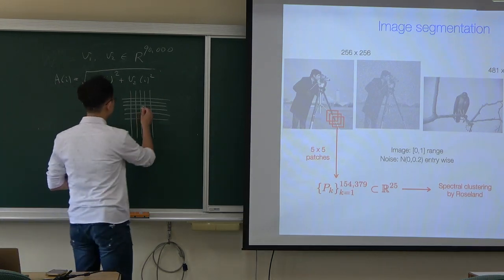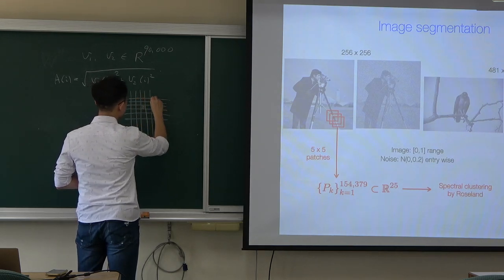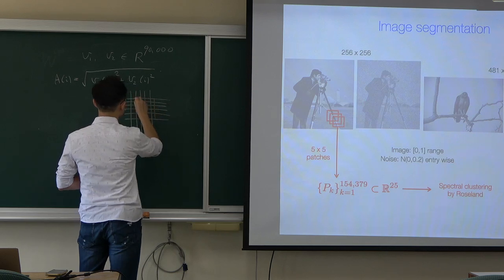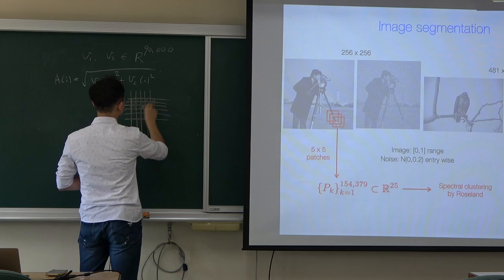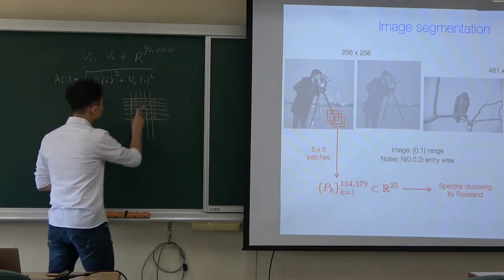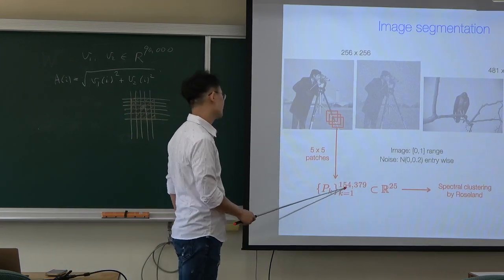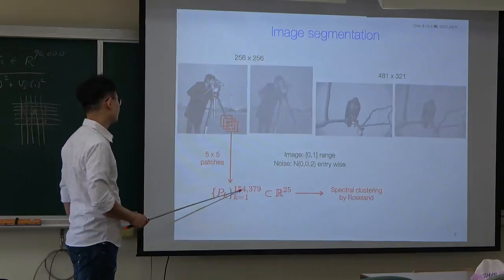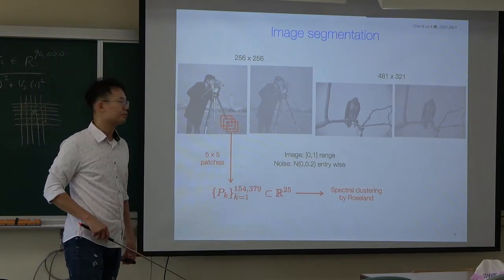What is a 5 by 5 patch? We use a center at this point, a 5 by 5. This is a patch, centered at one pixel. And for every pixel, we have one 5 by 5 patch. So in total, we get 155,000 patches in 25-dimensional Euclidean space.